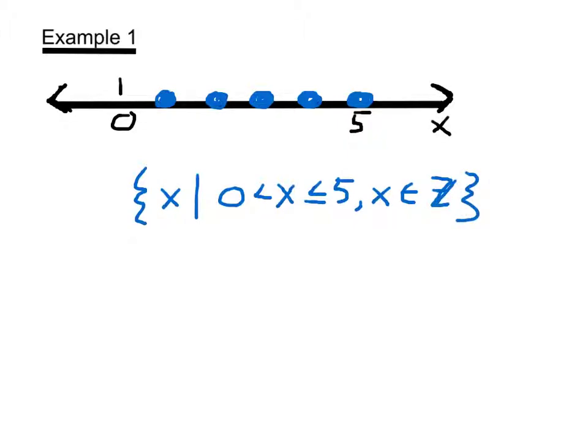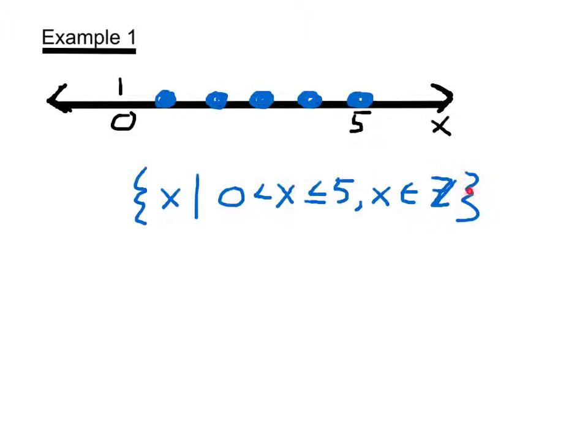So a few things here. I know that 0 is not included, right? 0 doesn't have a dot above it. So I'm only going to use the less than symbol. I know that 5 is included because the circle is there. So I'm going to use the less than or equal to sign here.